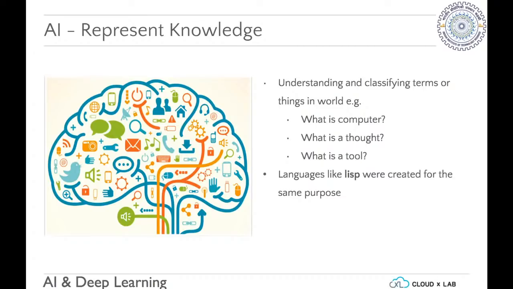Similarly, based on reading newspapers, the computer today has learned that the frog and the toad are similar things. And it has figured out a lot more things about the world by reading newspapers and other public data available. For example, it understands that rat and mouse are the same thing based on looking at the context. So today we are very close to representing knowledge.